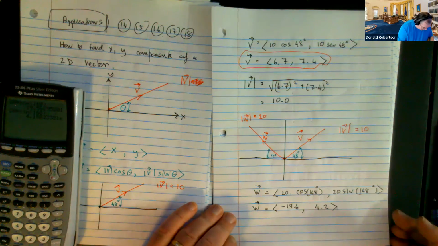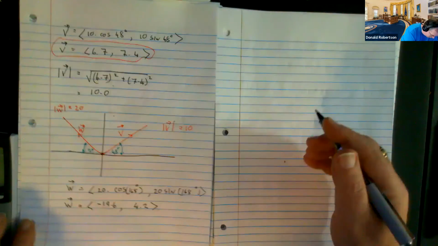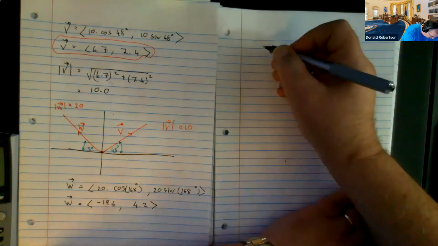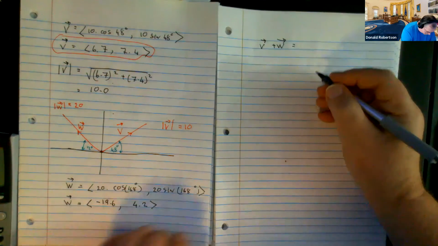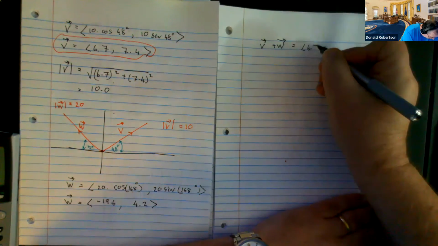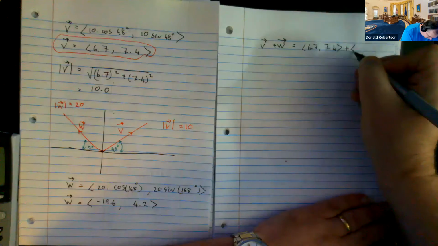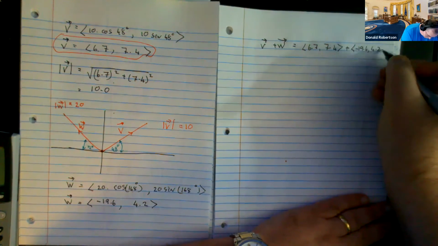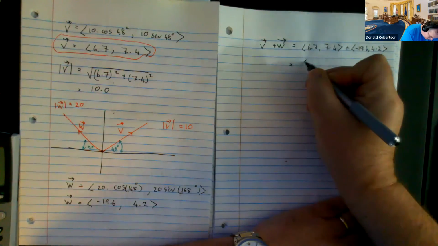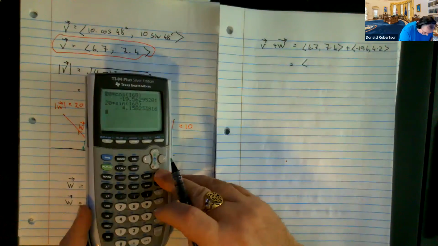Now, what would the resultant force be? Well, you would add the two tugboats' vectors together. So in this case, it would be 6.7 and 7.4 added to negative 19.6 and 4.2. And that's probably better done on a calculator for safety.